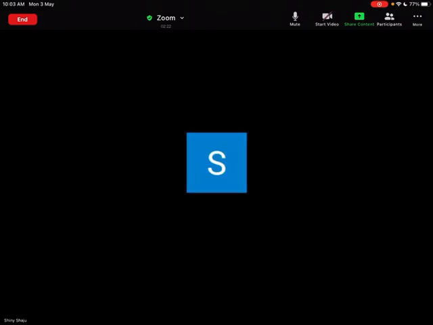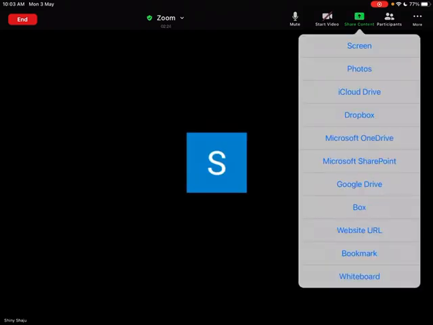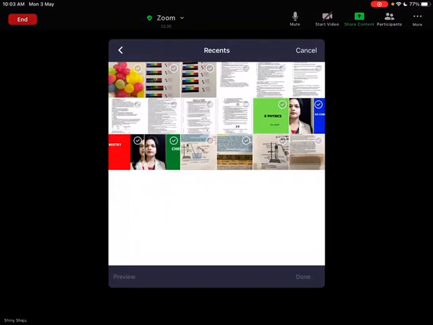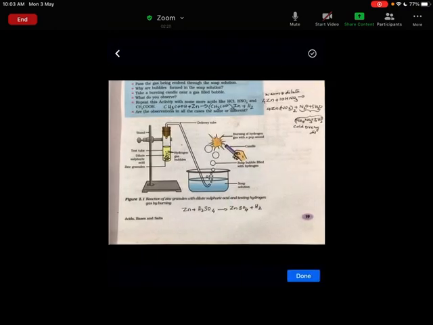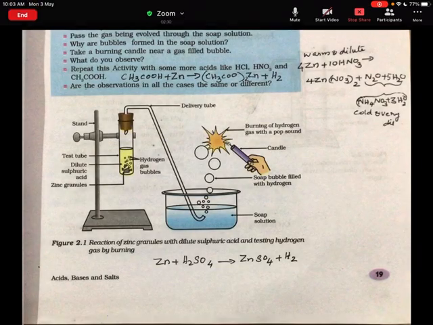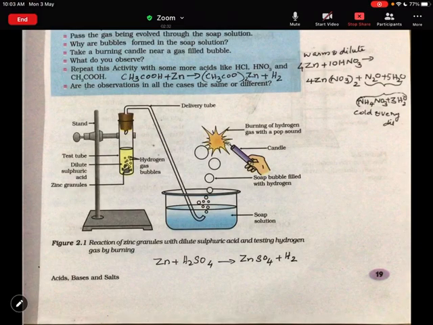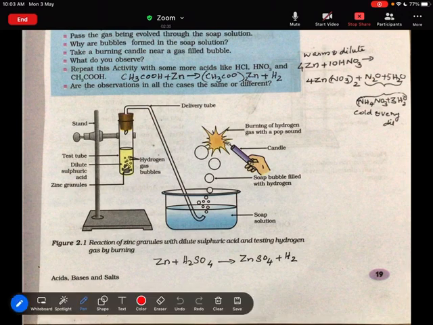Let's see the experimental setup for this. Here is the experimental setup.